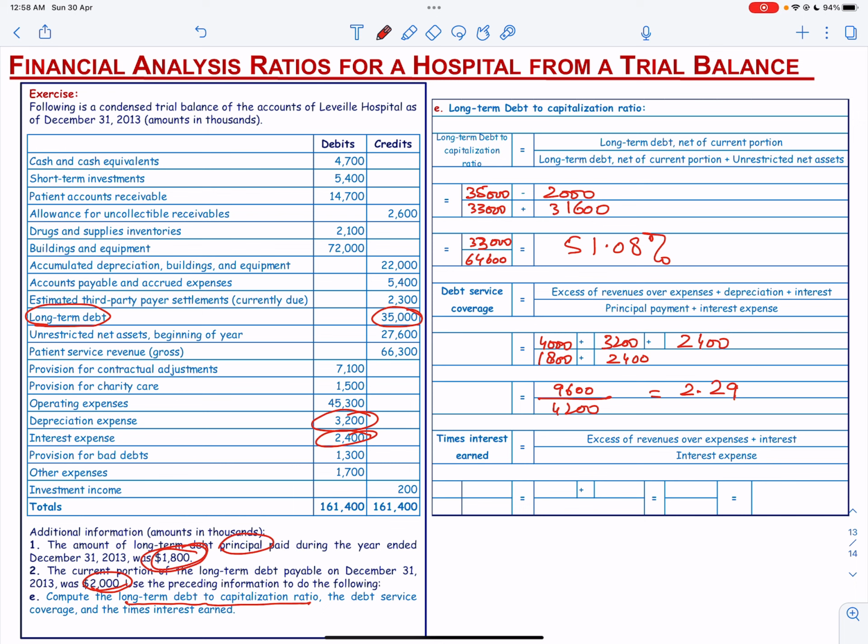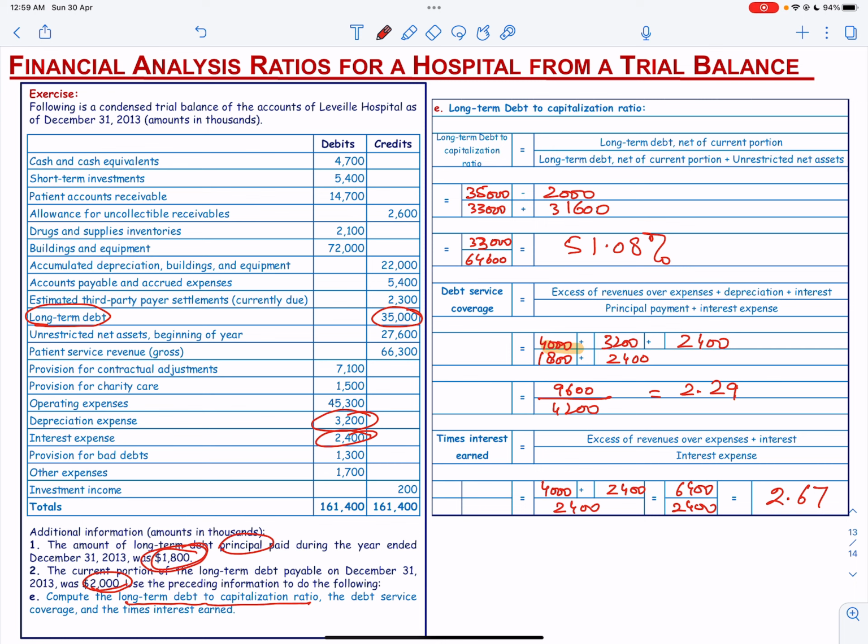Okay. Then we have times interest earned, and that is excess of revenue over expenses, and we have just now seen excess of revenue over expense is 4,000 plus interest, and interest is 2,400 divided by interest expense, that is 2,400. So this is equal to 6,400 upon 2,400, that is equal to 2.67.